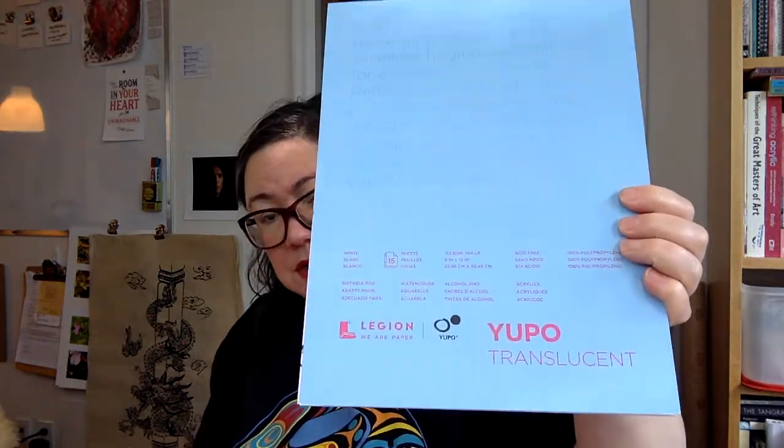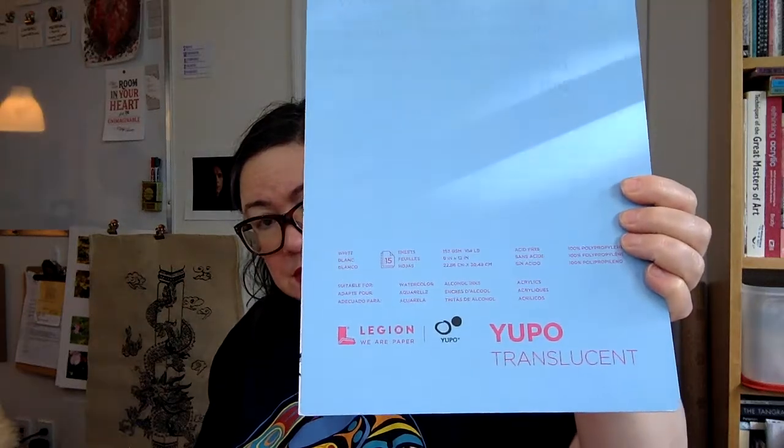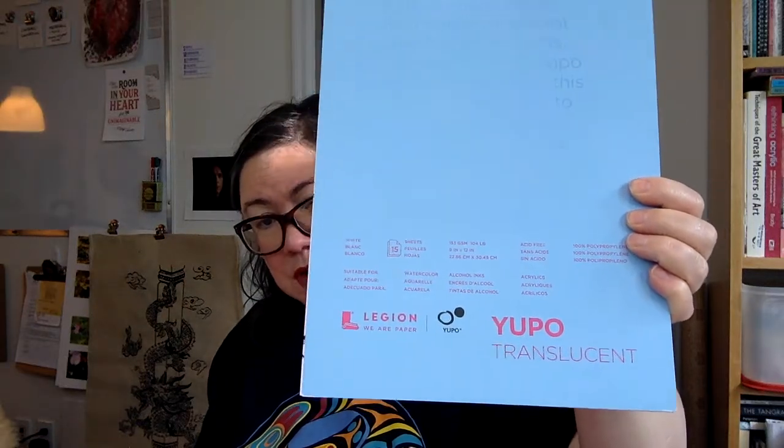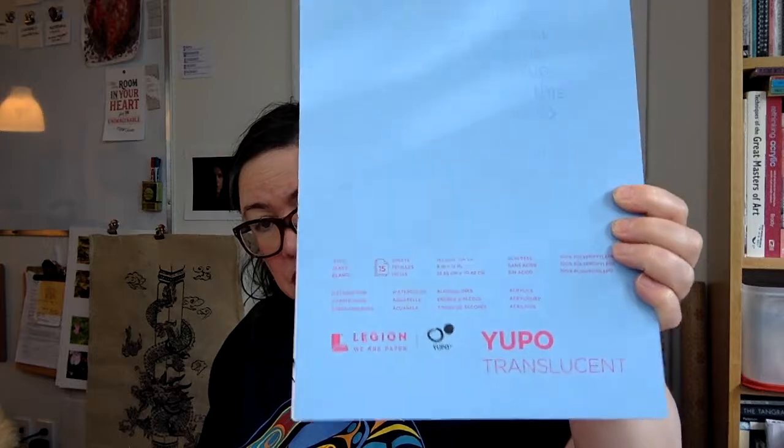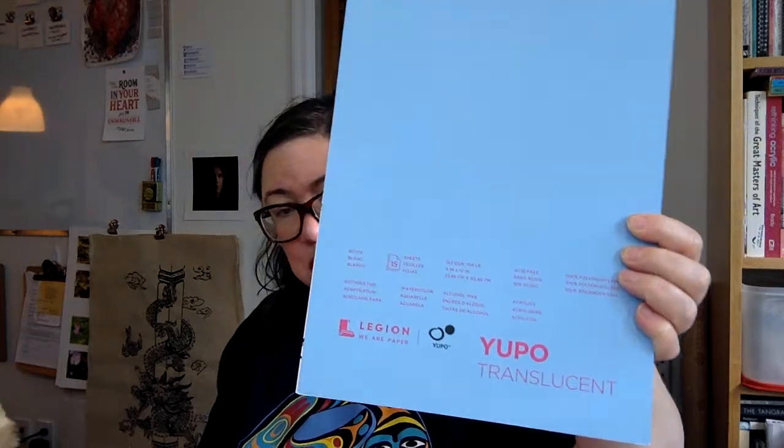Now something that looks similar is Yupo translucent. Some watercolorists are very keen on Yupo. There's a whole Yupo stream in contemporary watercolor practice, and you can get this handy dandy pad. Yupo is quite expensive.